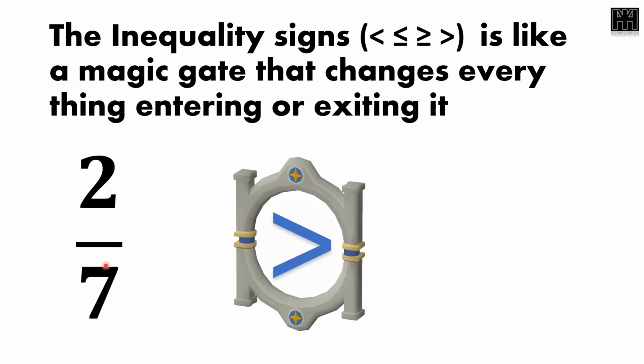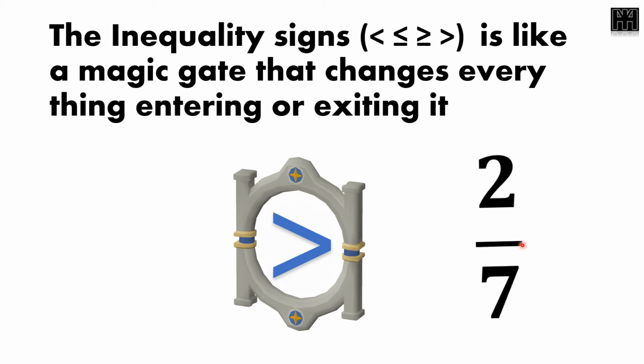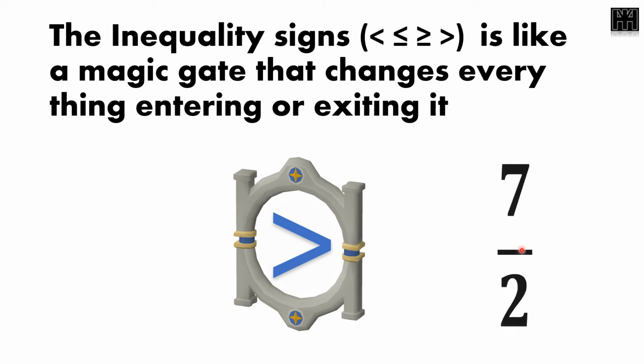With 2 over 7, when we send it to the other side, it will be 7 over 2. In other words, it was 2 over 7, and when we send it to the other side, the multiply 2 becomes divide 2, and the 7, which was divided, turns into a multiply, so it's 7 over 2 now, not 2 over 7. Easy, just flip the numbers, making the numerator the denominator and the denominator the numerator. That's it.